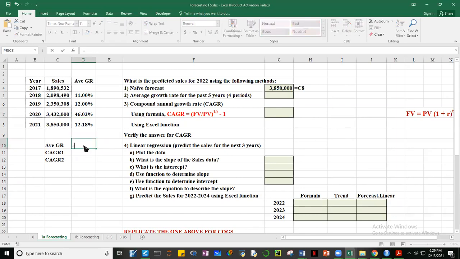Okay, therefore, given this growth rate, we can now get the average. Since we're told that the growth rate that we're going to use is the average growth rate for the past four periods there. Let me also make this 14.